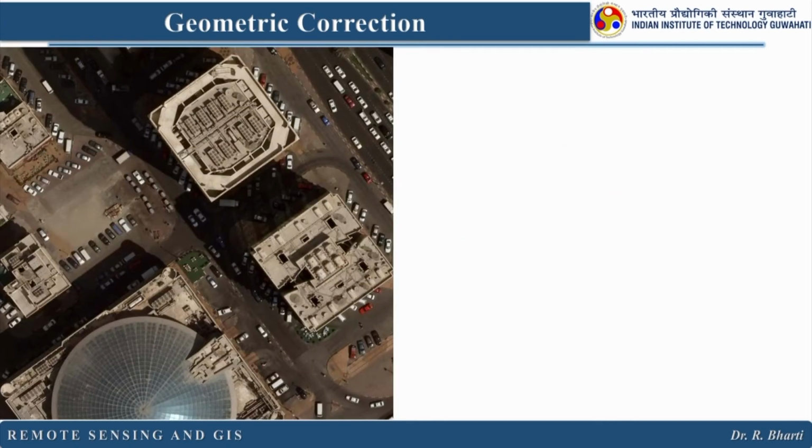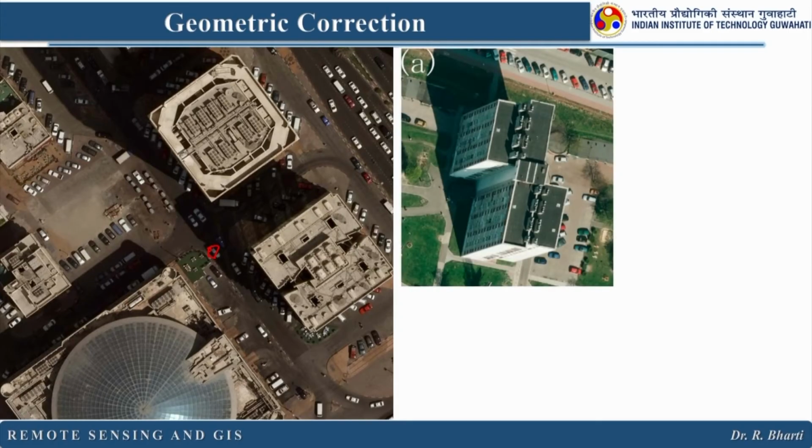If you see this particular image, there are pixels where you cannot see the sides. That means those are the pixels looked at vertically down, but there are a few places or a few photographs in which you can see the sides, like here. What does it mean? It means the nadir was somewhere here, and from here the images have been captured.